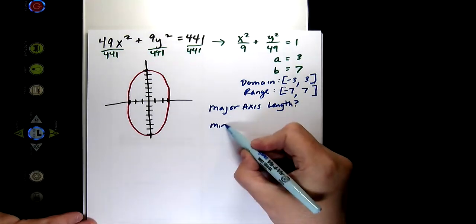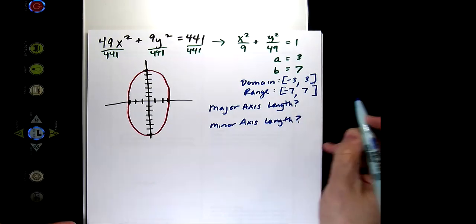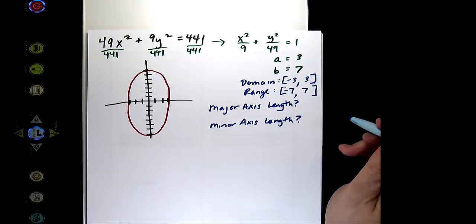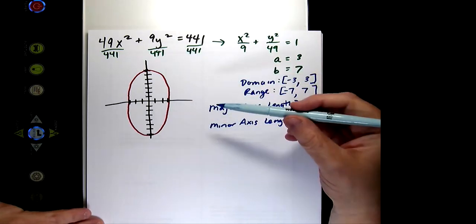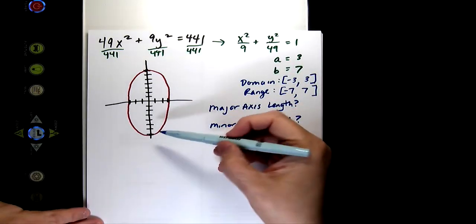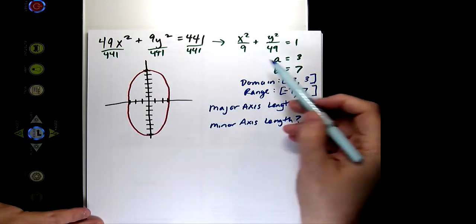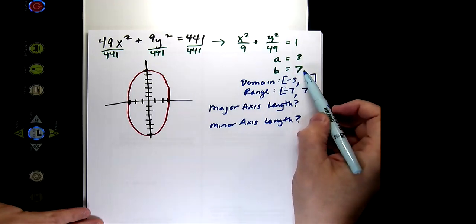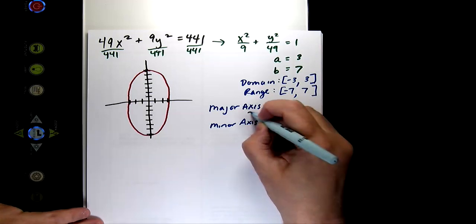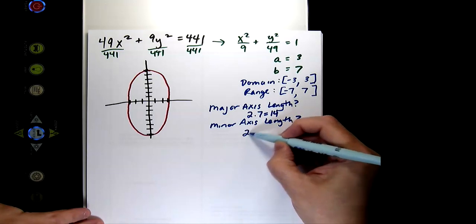And minor axis? The major axis is 14. It's always along the long part of the ellipse, and if you need to, count it. Usually, if you graphed it using A and B, just double the larger value. The larger value is 7, so 2 times 7 is 14. We'll do the same thing for the minor axis, but with the smaller value.